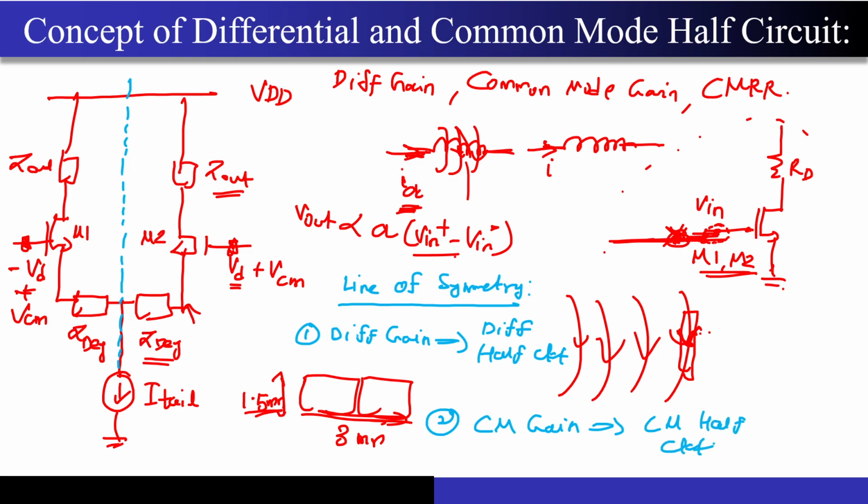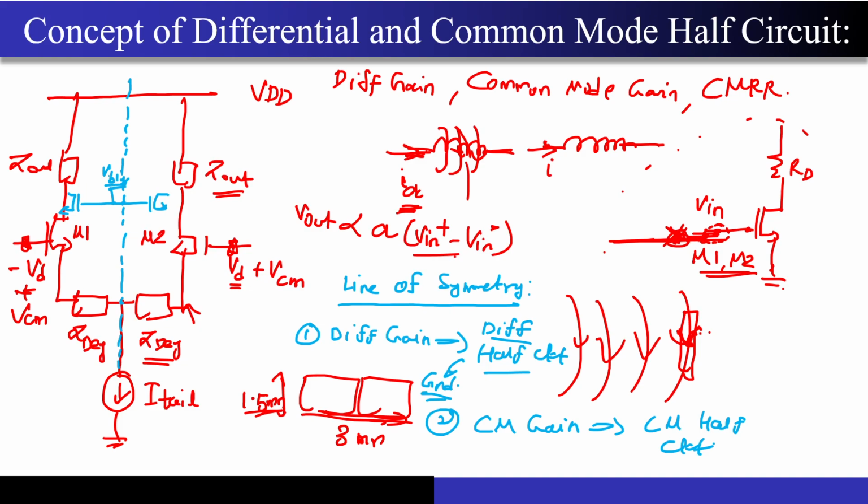Now the difference between these two is along the line of symmetry. Along the line of symmetry, for the differential half circuit, you are just going to connect it to the ground. So what do I mean? If you see some MOSFETs like this, and these are getting biased with some common bias voltage, you have to connect this to the ground.